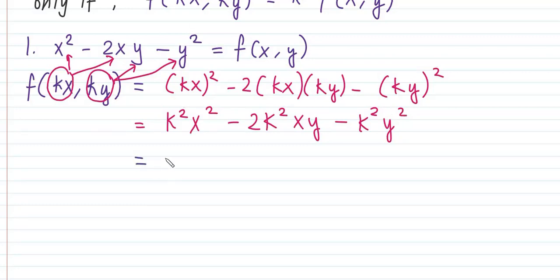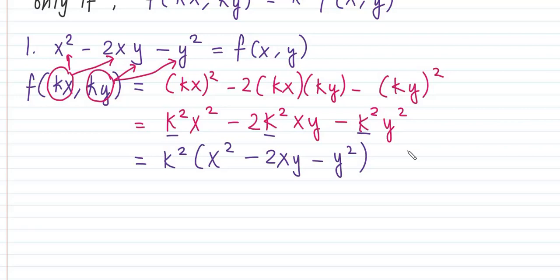As you can see here, I can factor out k squared because k squared is in all the terms of my function. Then I will have k squared times the quantity x squared minus 2xy minus y squared.